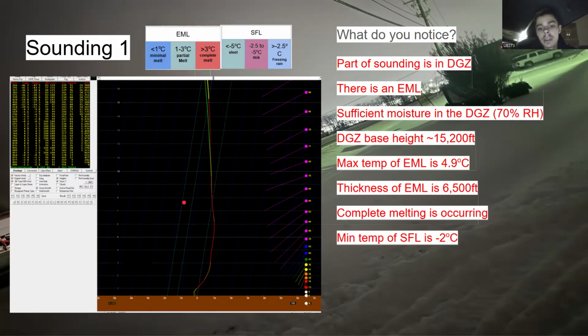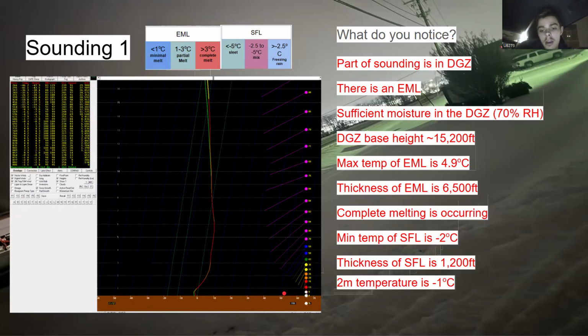The minimum temperature of the surface freezing layer is -2 degrees Celsius. That is not enough for it to refreeze. The thickness of the surface freezing layer is very small too. One more thing is that this 2 meter temperature is -1 degrees. So the likely precipitation that we'll have is freezing rain.